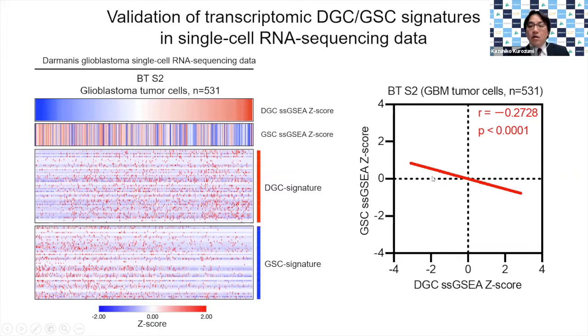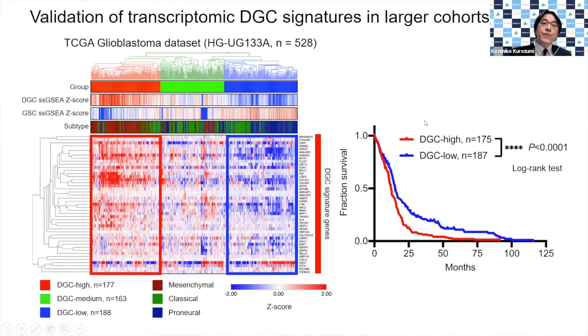The very interesting thing is the DGC signature and GSC signature, with this inverse correlation between GSC and DGC. Then we validated these transcriptome DGC signatures in larger cohorts of tumors with a TCGA glioblastoma dataset.